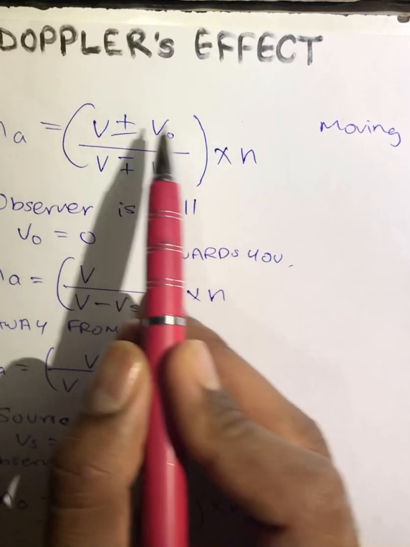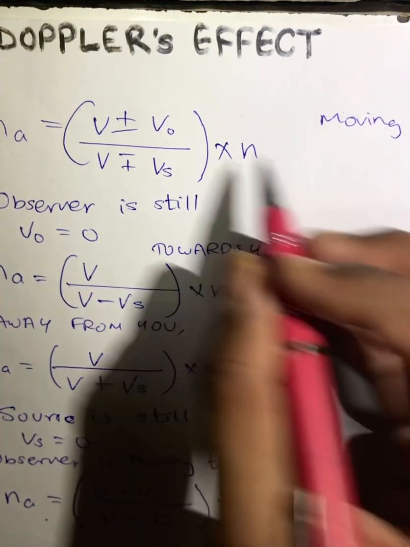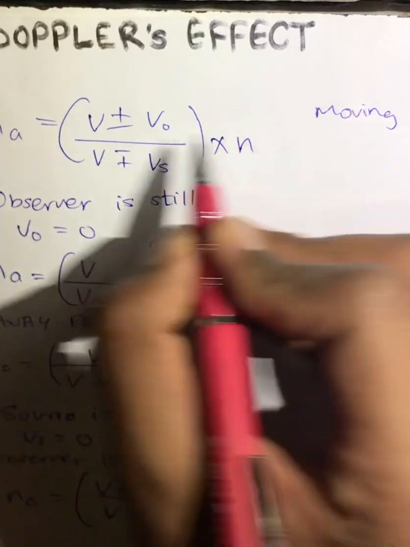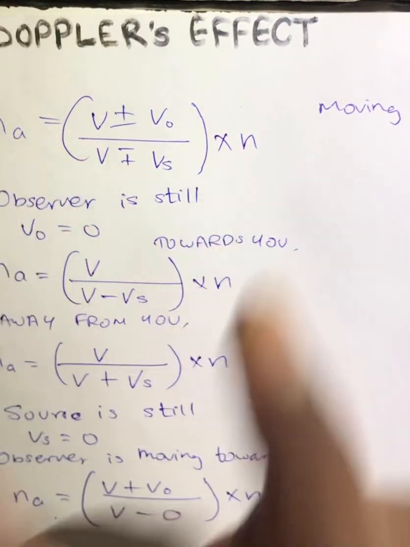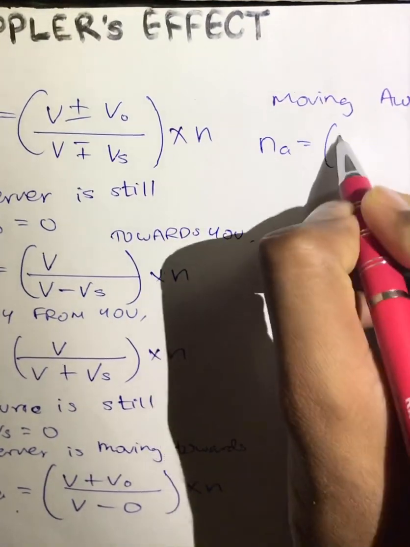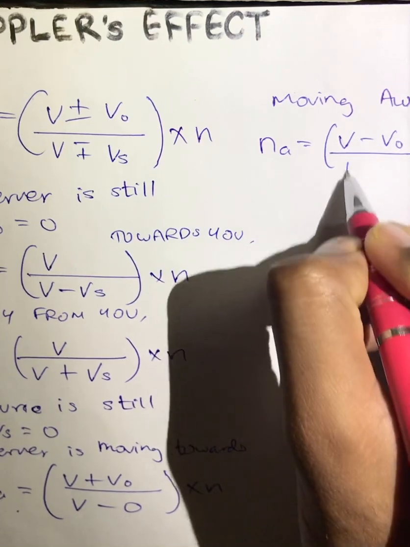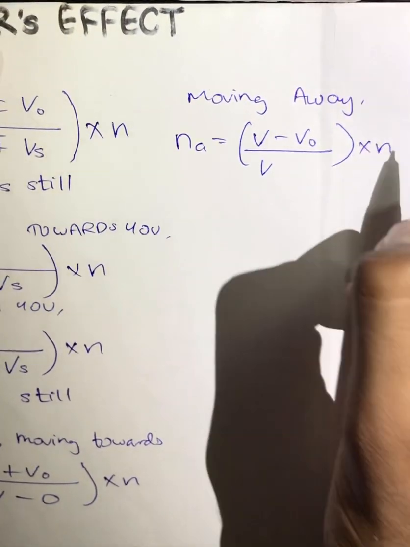Therefore, we want the apparent frequency, that is not the actual frequency of the sound, to be less. So we subtract Vo in the numerator so that we get the value of this whole expression to be less. Therefore, the apparent frequency now becomes (V minus Vo) upon (V plus 0) into N.